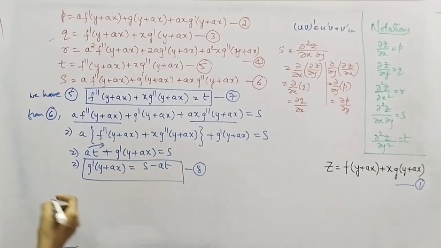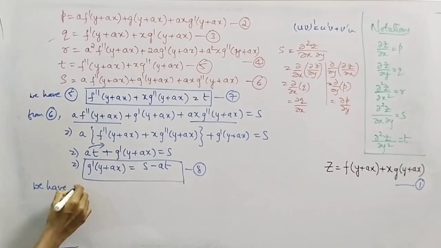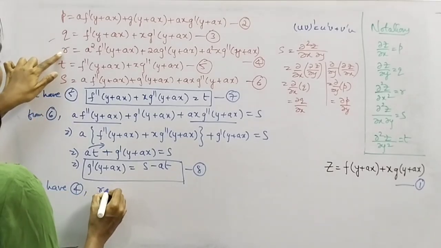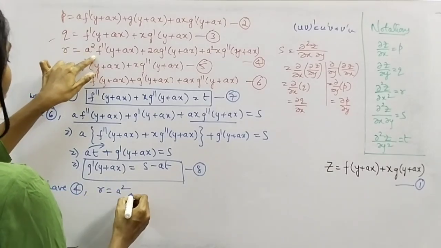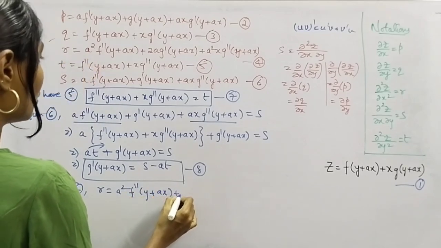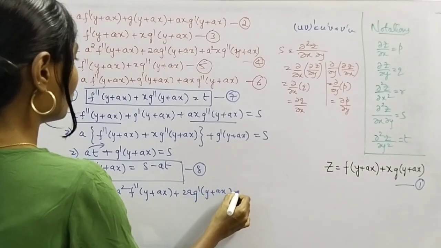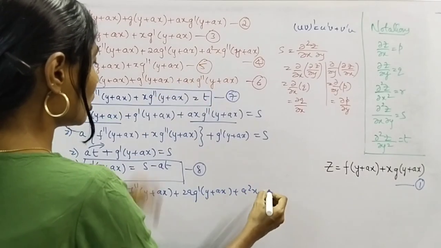Now coming to r, we have r, equation number 4, right? That is r equal to a square f double dash plus 2a g dash plus a square x g double dash.